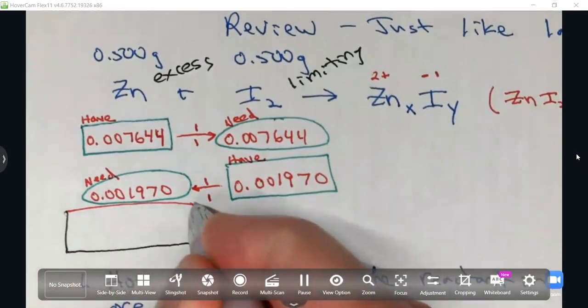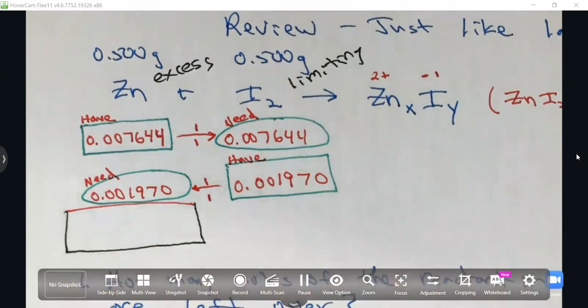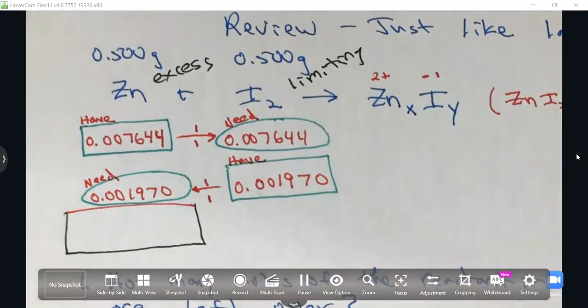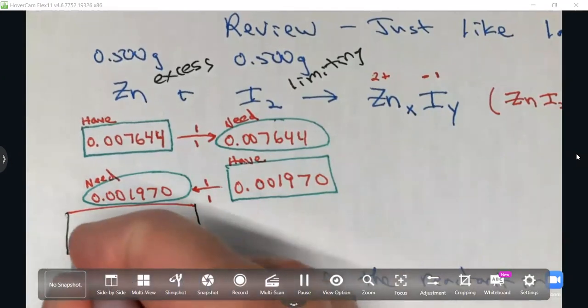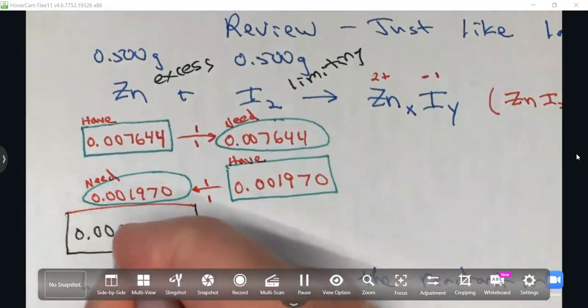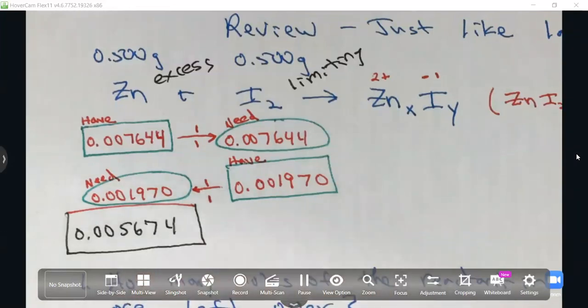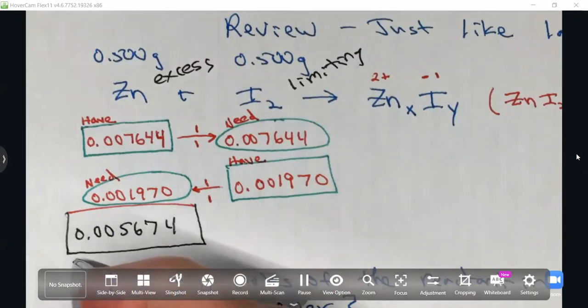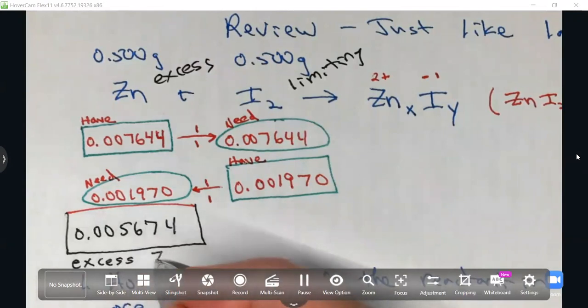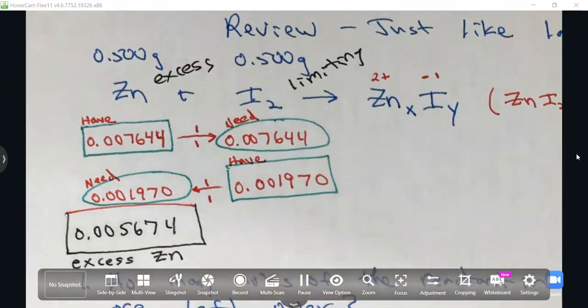If I subtract these, I am going to get 0.005674, I believe. Now this is excess zinc.